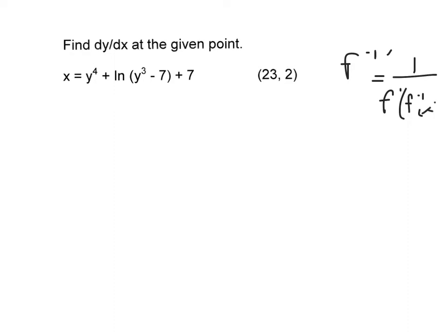So what we're going to do first is actually find the inverse. Okay, and what that means is we're going to just swap the x and y's. So anytime you see a y, turn it into an x and vice versa.